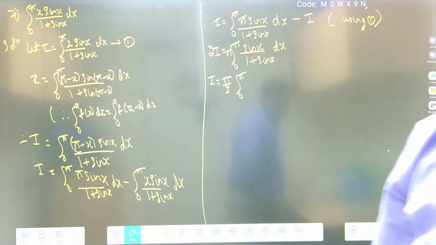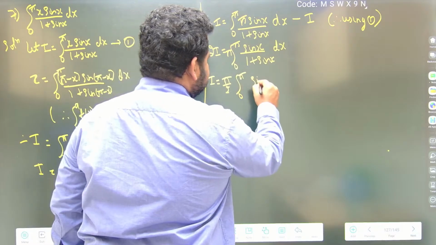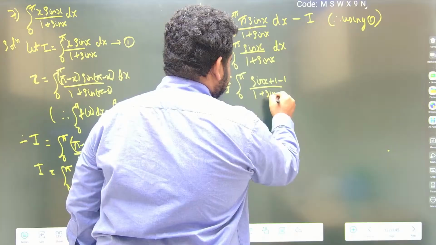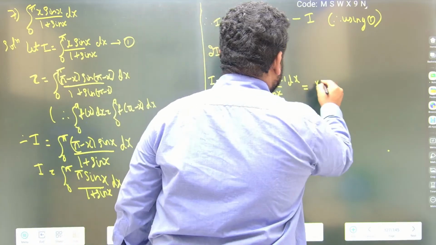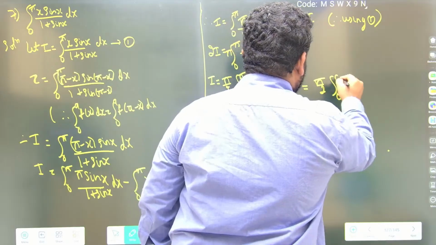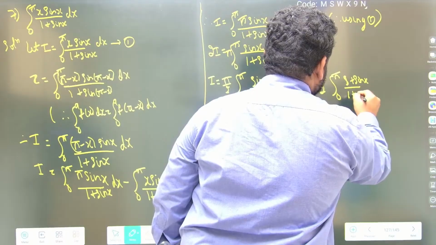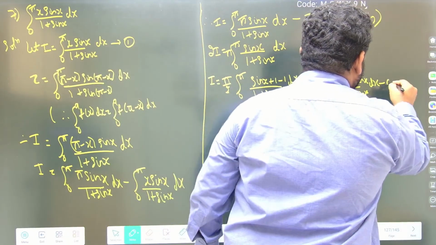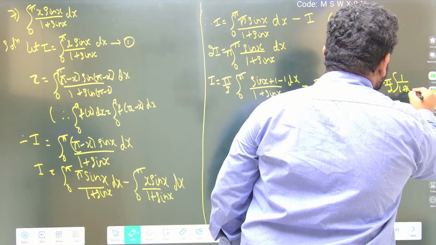So I is equal to pi by 2 into the integral from 0 to pi. Let me add plus 1 and minus 1 with sin x, so I get 1 plus sin x dx. Now I can write this as pi by 2 into the integral from 0 to pi of 1 plus sin x by 1 plus sin x dx, minus pi by 2 into the integral of 1 by 1 plus sin x dx.